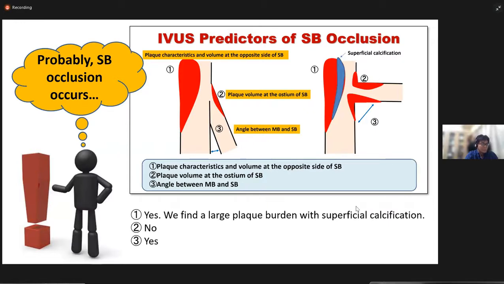Superficial calcium is a key point to predict carina shift. Number two, no. Number three, yes. So among the three components, two components are met in this case. That's why I think side branch occlusion probably occurs in this case.